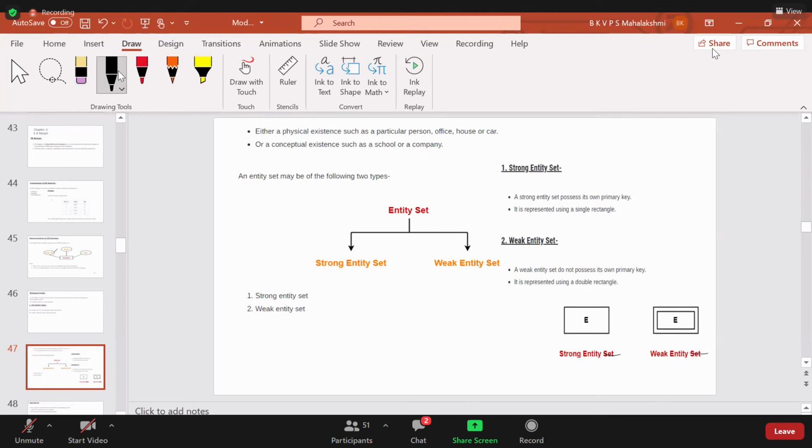See, you will get questions on these symbols also, even in the mid exam. So remember this: a strong entity is represented within a single rectangle, and the weak entity within a double rectangle. Understand till now?